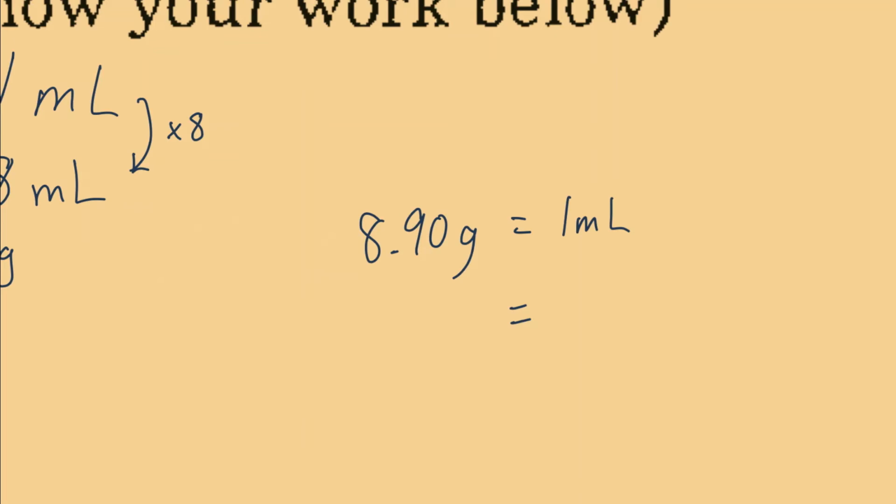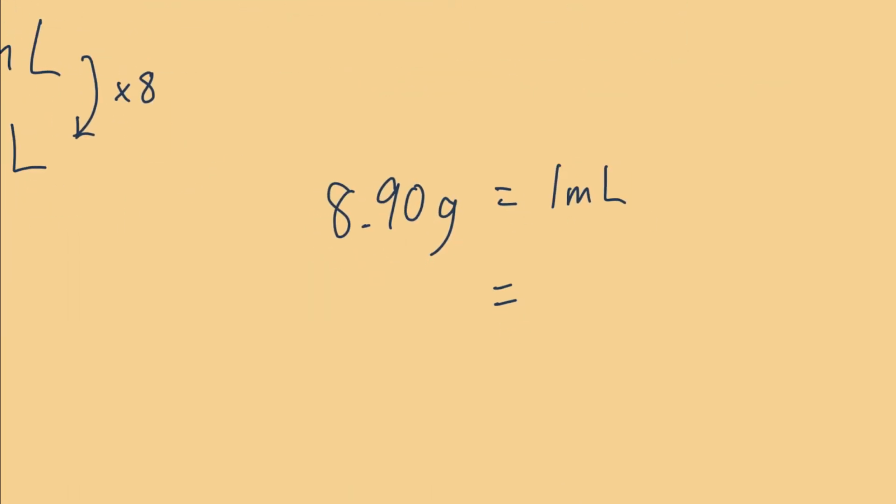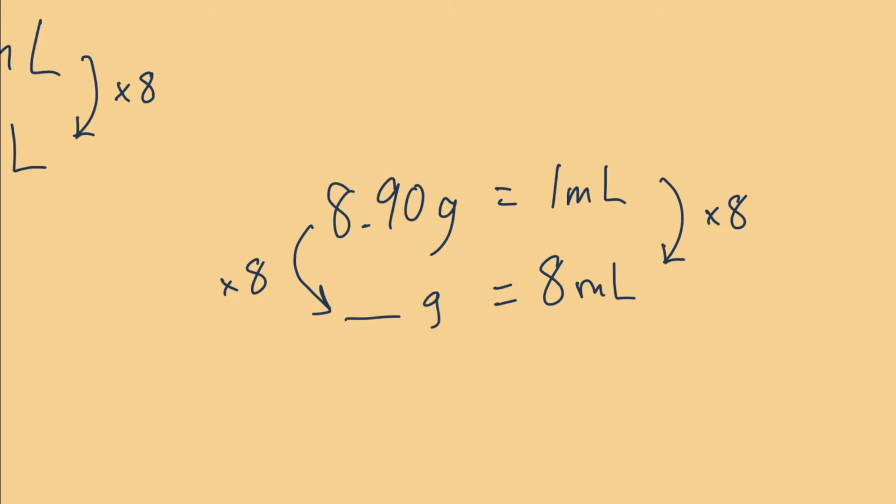Again, here, for this cube, we have 8 milliliters, not 1. So I'm going to say, okay, 1 times what? Times 8 gives us 8. So then, again, 8.9 times what? Times 8. We have 8 times as many grams because we have 8 times as many milliliters. So to figure out the answer here, I'm going to say 8.90 times 8.